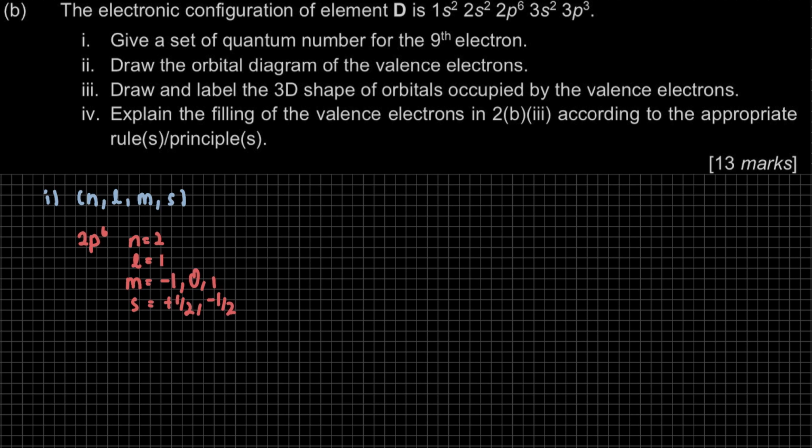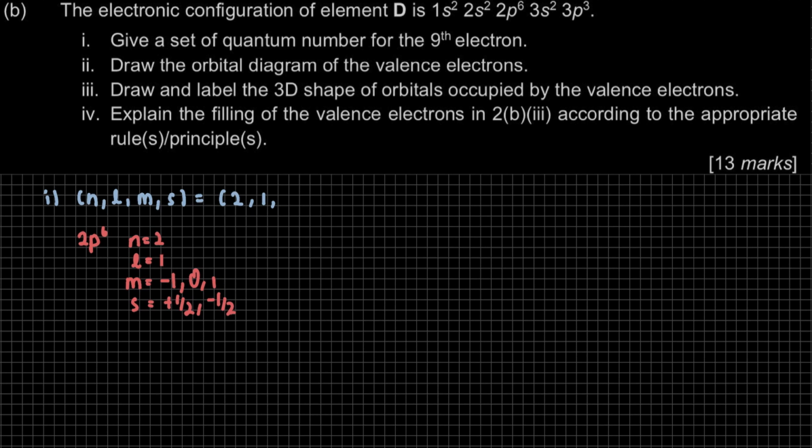Okay, but then again, the question asks to give a set of quantum number. So to give a set of quantum number, you must be specific. For each of the N, L, M, and S must only have one value. So this is the possibility. So from here, I'm just gonna write down my N, L, M, S is 2, 1, M, up to you, any of this value.